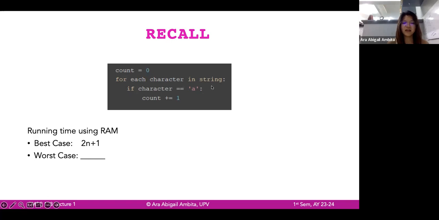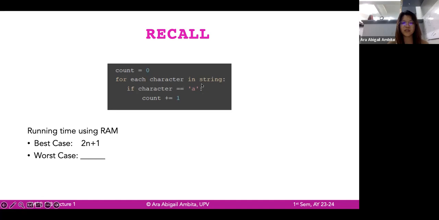And why is this the best case? Assuming that the input doesn't have any A, then we can skip the line that adds 1 to the count variable. That gives us only 2n. So where did this 1 come from?